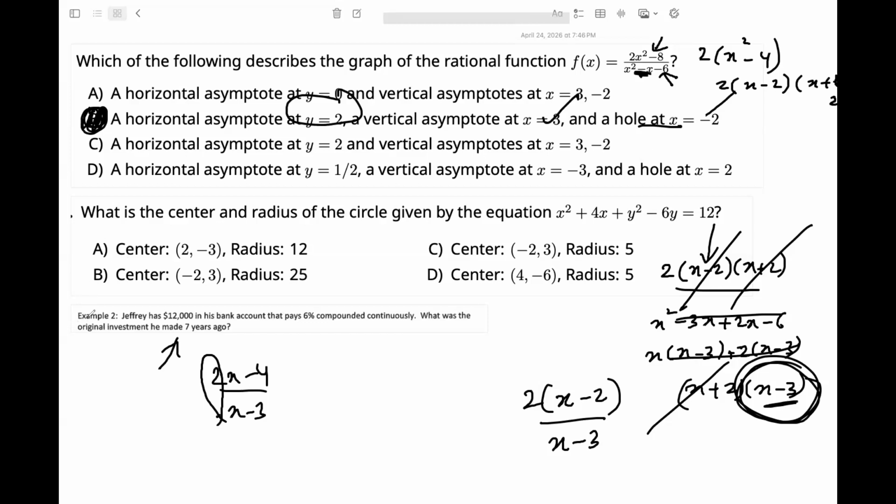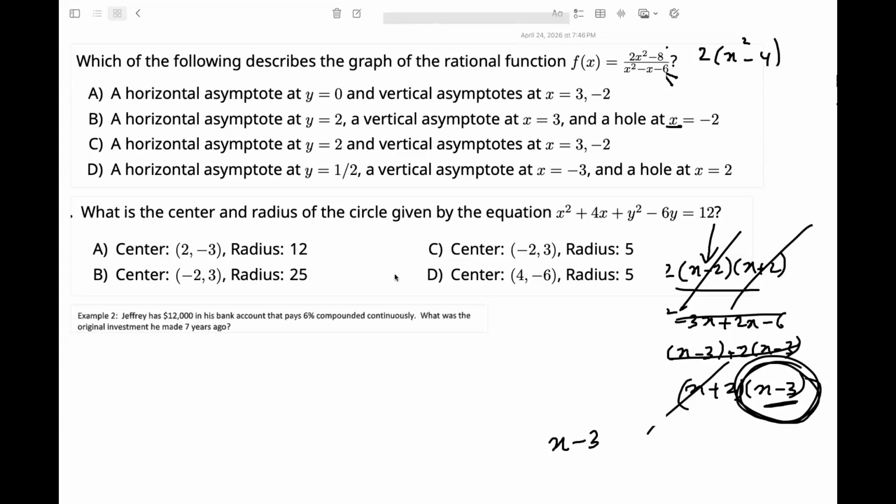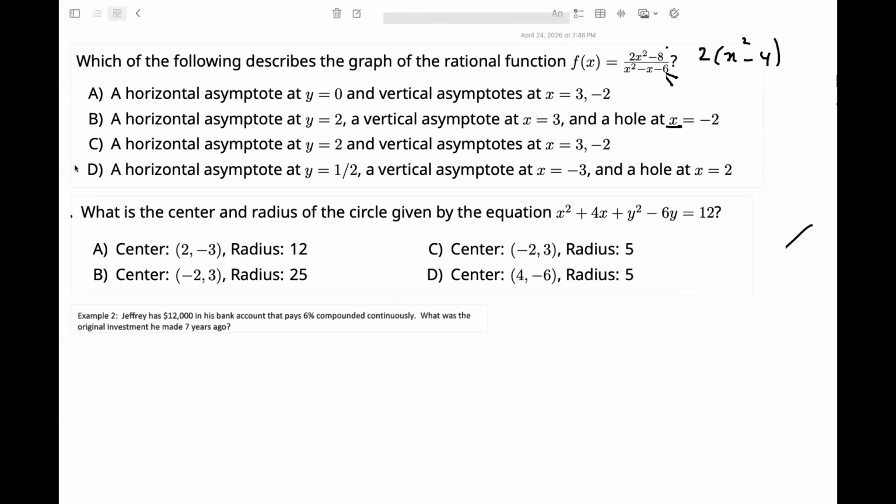So that's the answer. Coming to finding the center of the circle. Right, here you have to complete squares. X square plus 4x. How to complete square? B by 2a, which is 4 by 2 times 1. So this is 2, but you're going to add and subtract the square of that term, right? And then plus y square minus 6y. Then what are you going to do? Again, complete square. B by 2, a is 1, right?